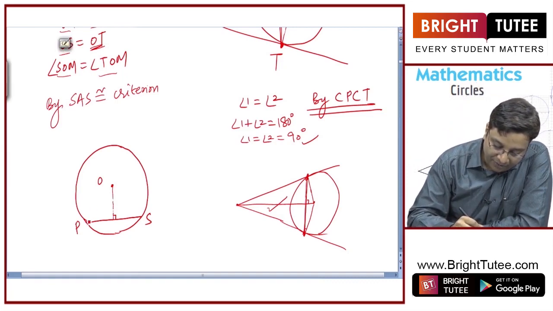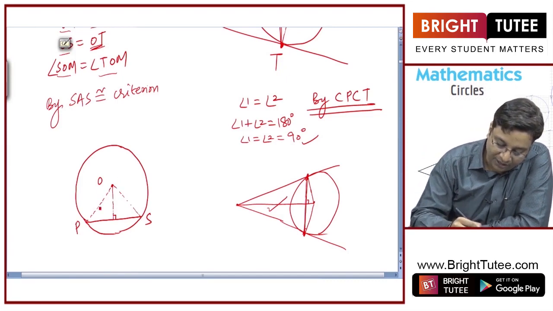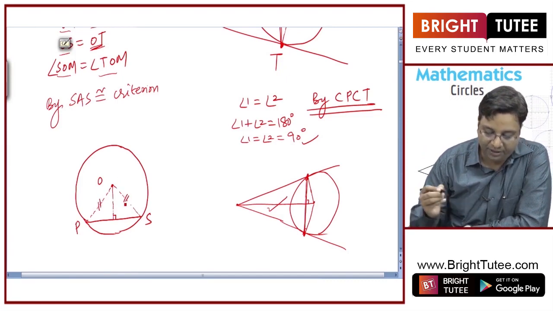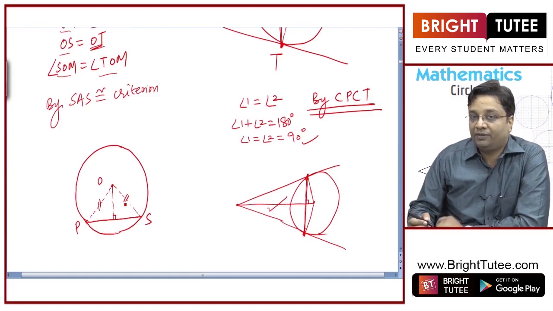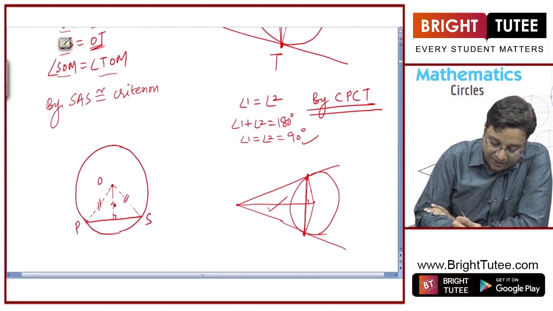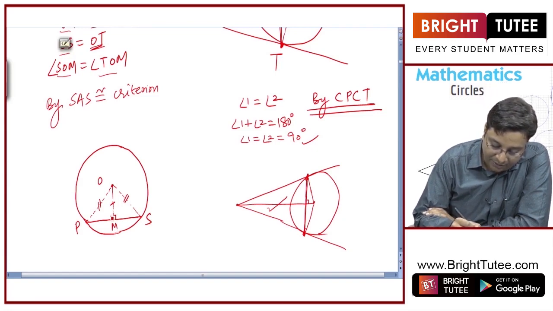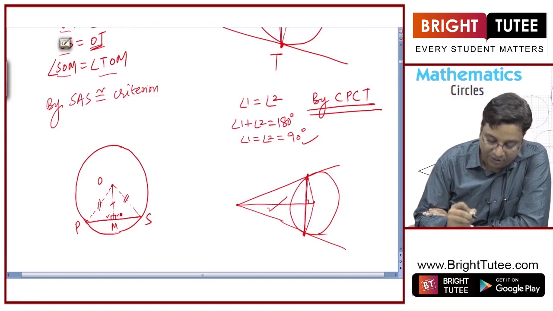Why? Because if you join these points, you will see that this segment is equal to this segment, OP is equal to OS. Why? Both are radii of the circle. This perpendicular OM is common to both the triangles, and this is the perpendicular, so this angle is equal to this angle.